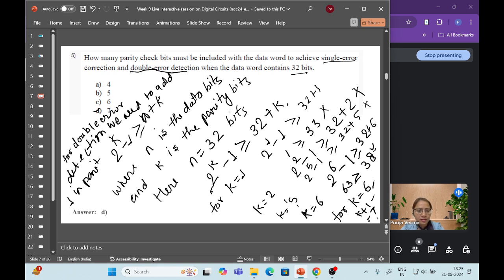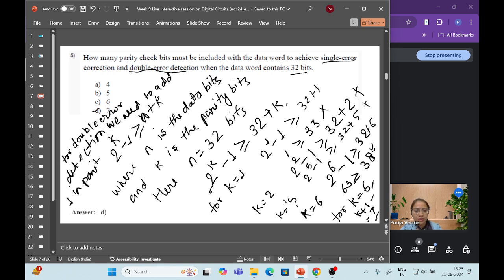That is 7. This one is the correct answer. So option D is the correct one. Okay. So I hope you have understood this question.